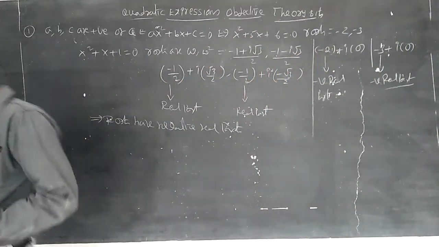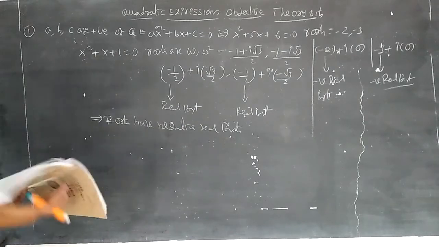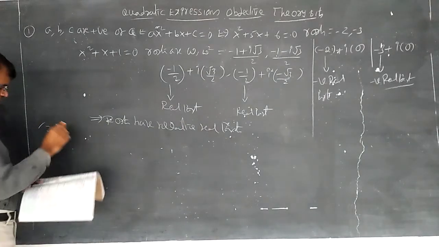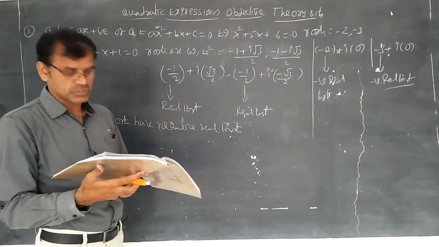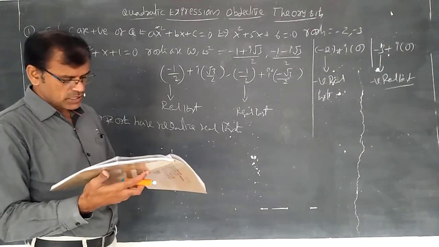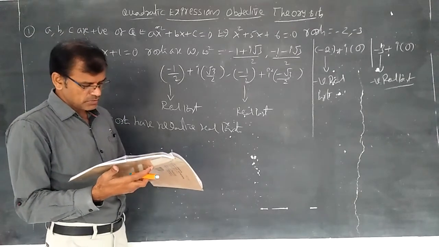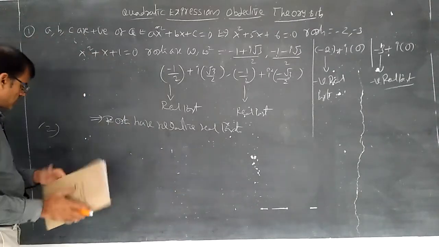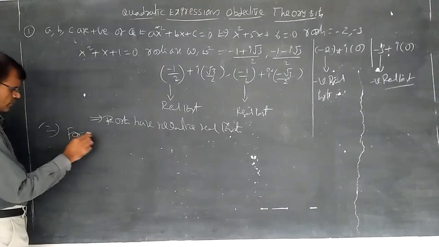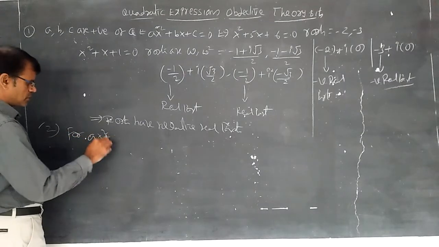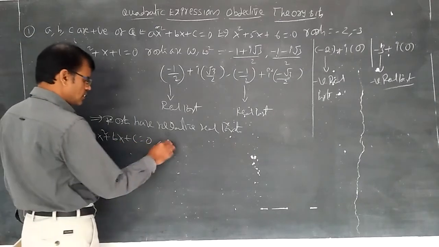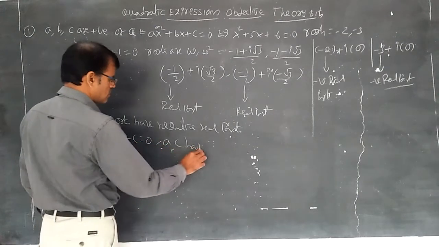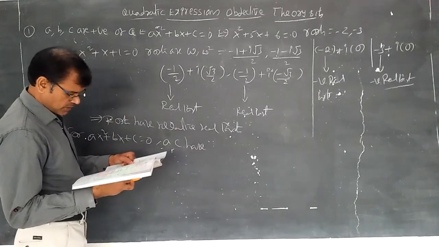Now, second question. In the quadratic equation ax square plus bx plus c equal to 0, if a and c have opposite signs and b is real, then the roots of the equation are... A comma C have the opposite sign.